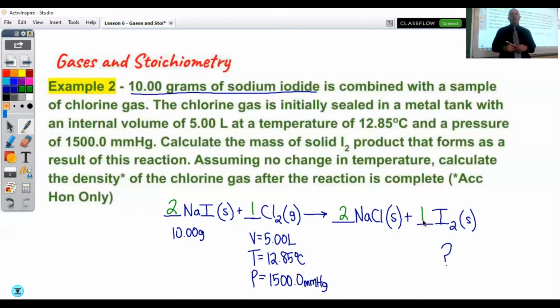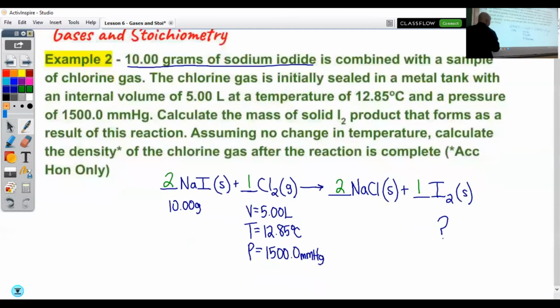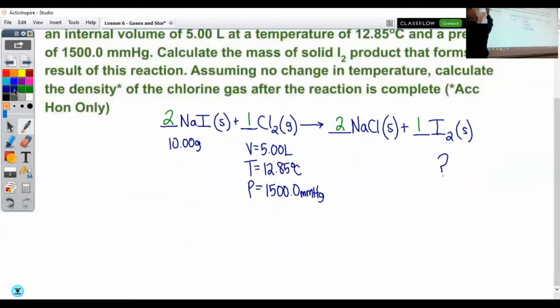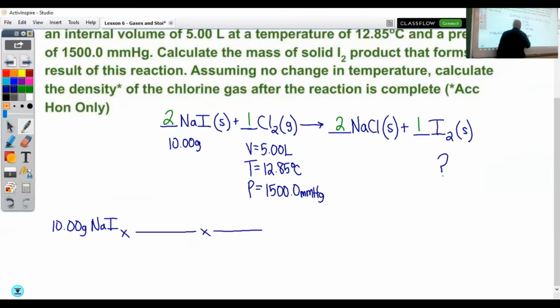So in this case, I'm going to start off by looking at our 10 grams of sodium iodide. This part is going to be a traditional stoichiometry problem that starts off with mass, finishes with mass. We're going to use 3 fractions in order to get across. So in our first fraction, we're going to convert from grams into moles of a substance.